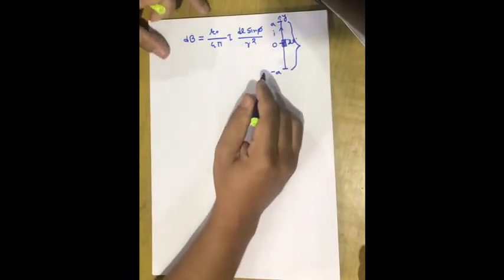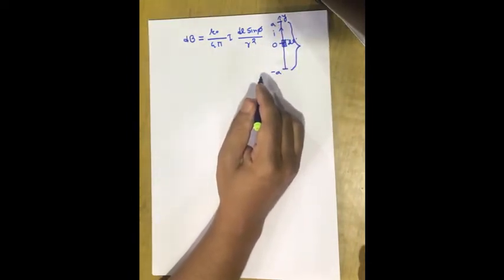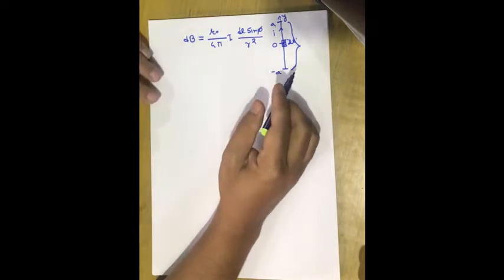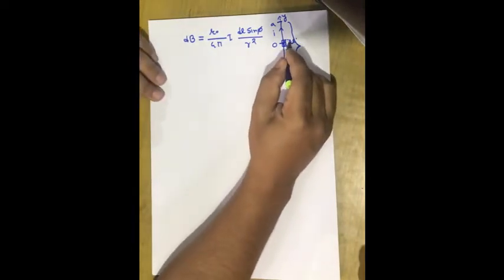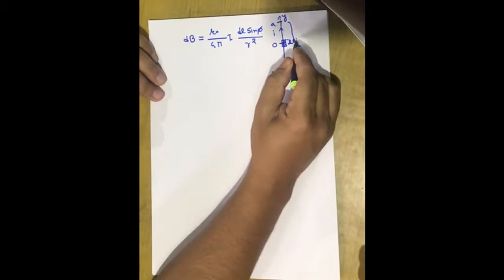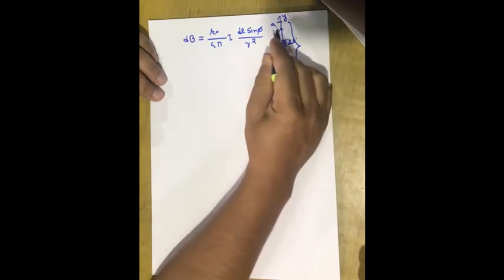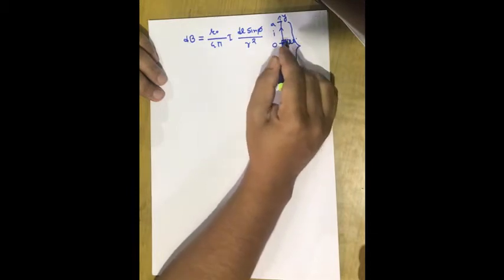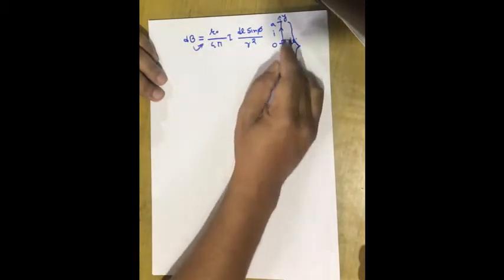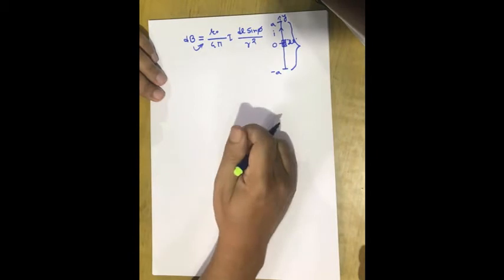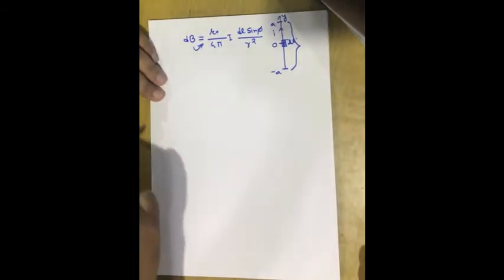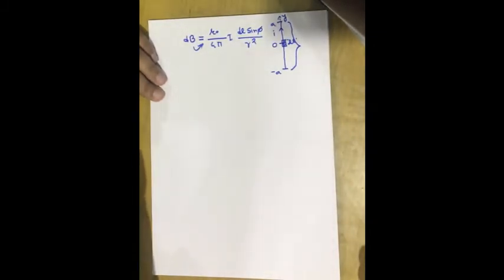That means the total length of the conductor is twice a. We calculate the magnetic field due to the small element dl, and then integrate dB from minus a to plus a. Then we get the magnitude as well as direction of the magnetic field due to this current carrying conductor.